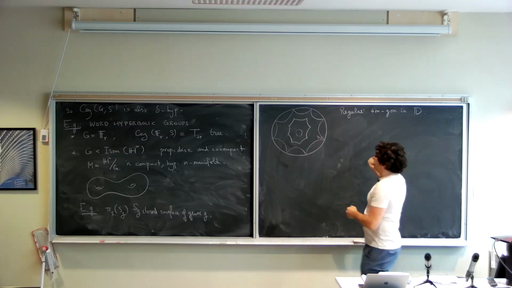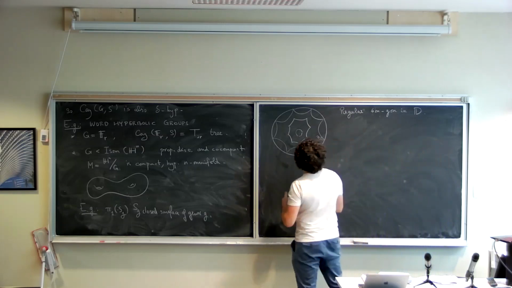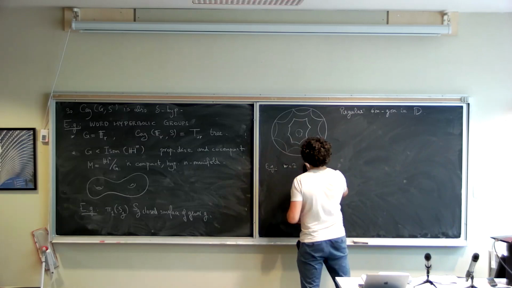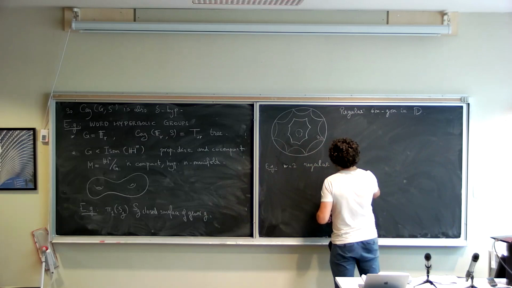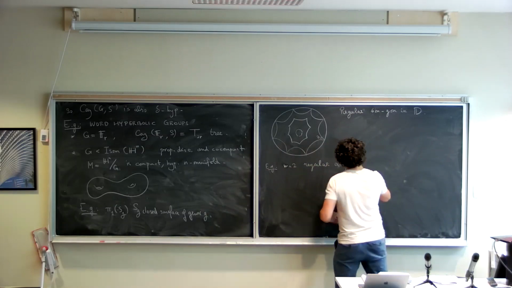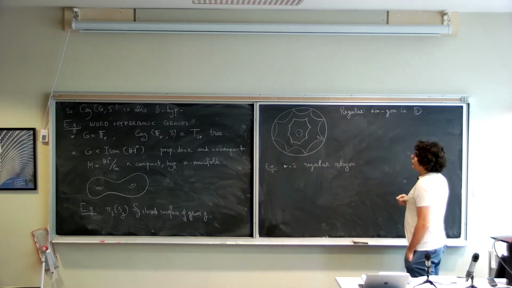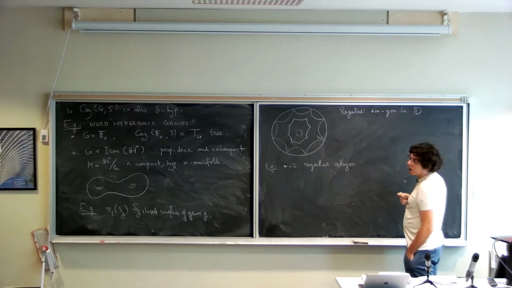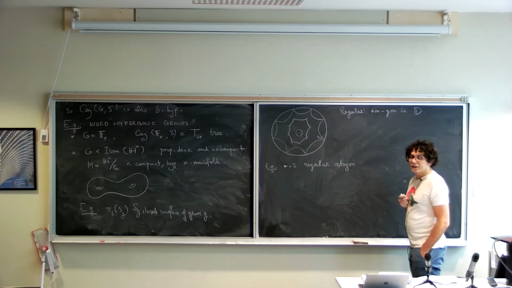So for instance, if we want a more concrete example, we can say for m equals 2, you take a regular octagon. Well, in the Euclidean plane, every angle of the octagon is 135 degrees, I think.